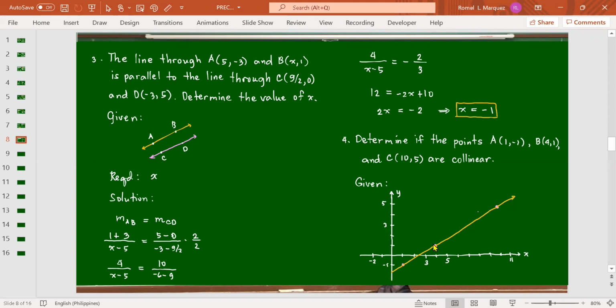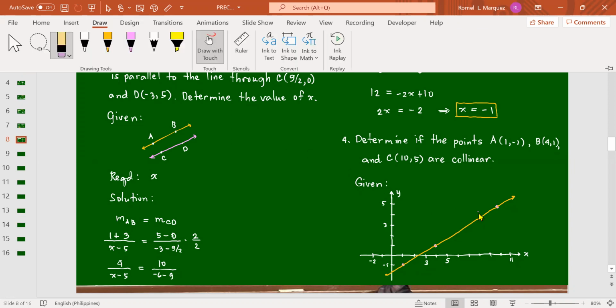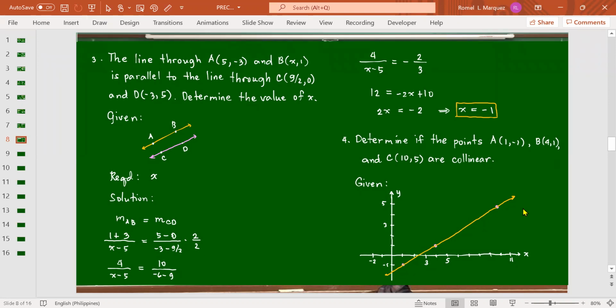Those points. What are we going to do to determine or to show that the points are really on a straight line, guys? This is my point A, no? My point B, and this is my point C. What are we going to verify, guys?